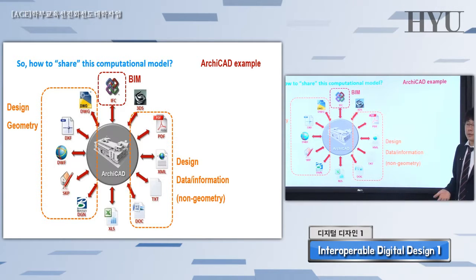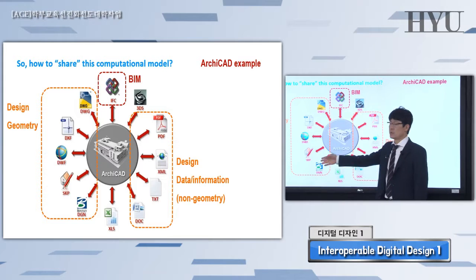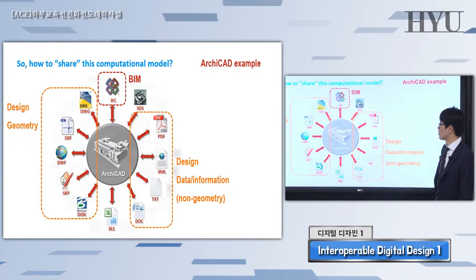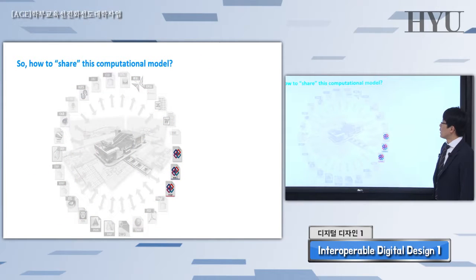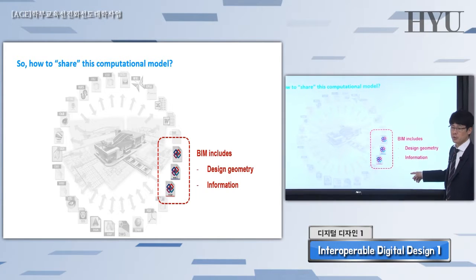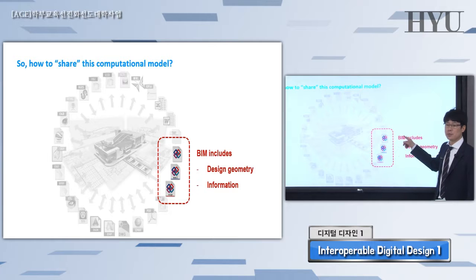And also today's lab exercise is mostly about this design geometry data exchange, file exchange, okay? How to share this file in terms of the interoperability issue? As I mentioned before, BIM includes design geometry as well as an amount of associated data, associated information, so-called building information. That is why BIM literally means building information model or building information modeling, okay?